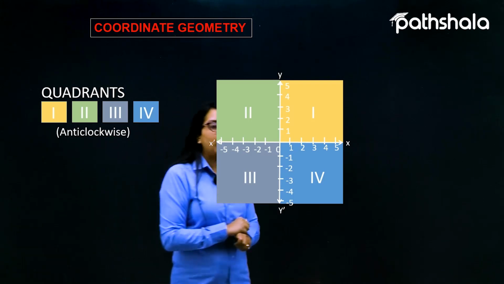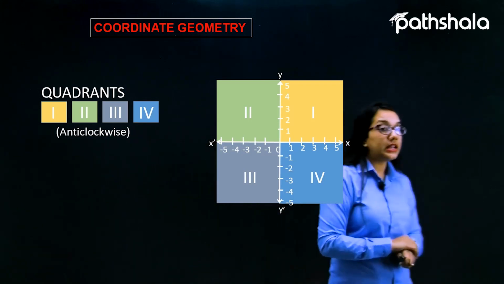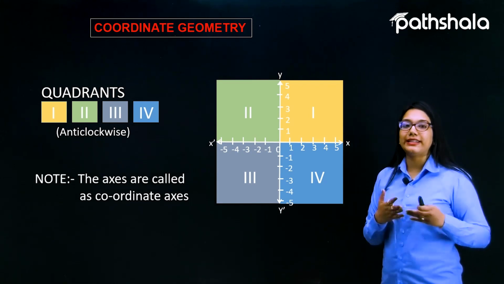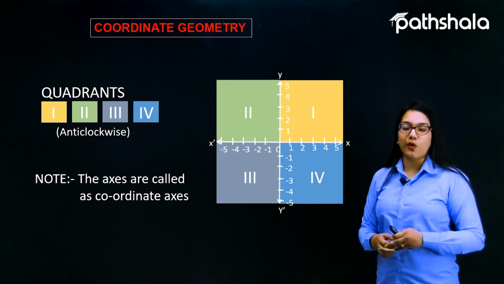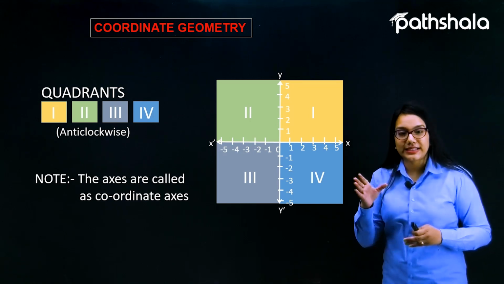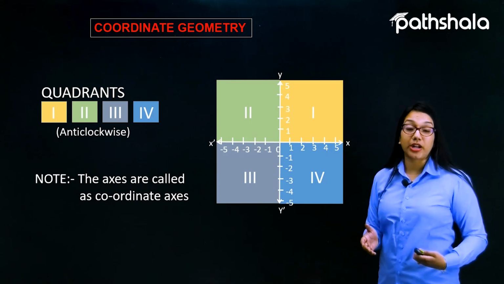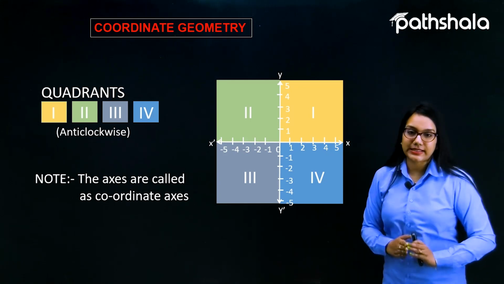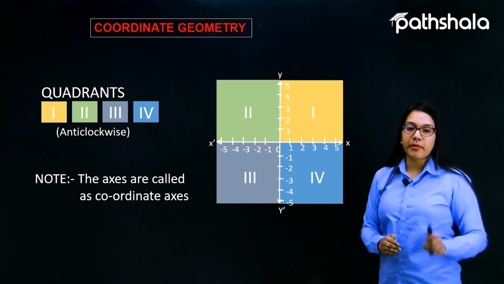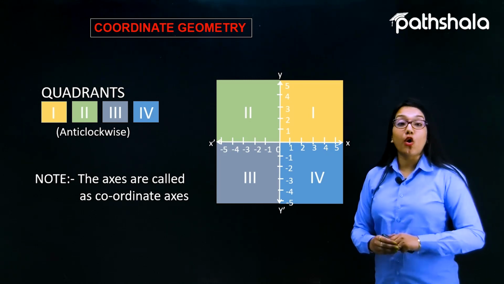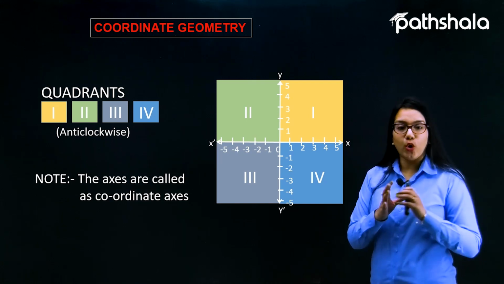We have a special note related to the quadrants: the axes are called coordinate axes. We can also call the axes, that is XX dash and YY dash, the coordinate axes.